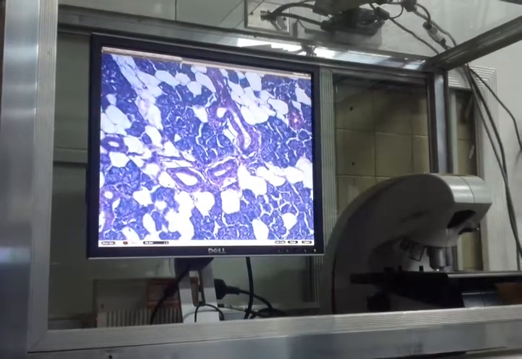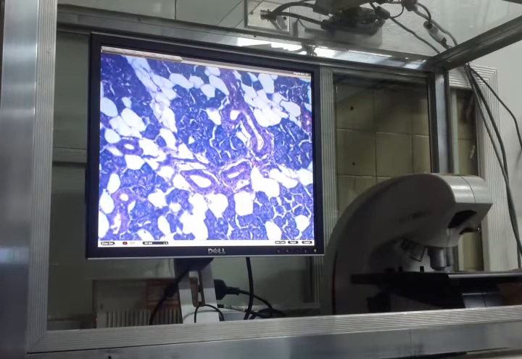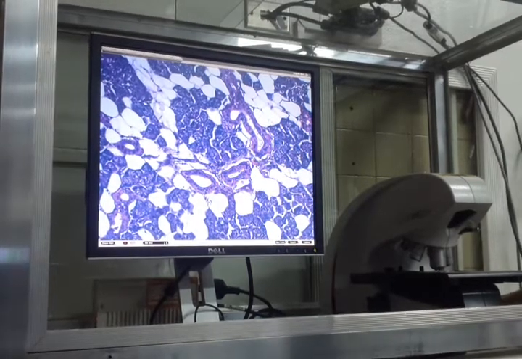Meron kang ganyan at meron kang ganito. The fat cells is a pathology. The presence of the fat cells is a pathology in itself. Okay, this is the histology. What are these?